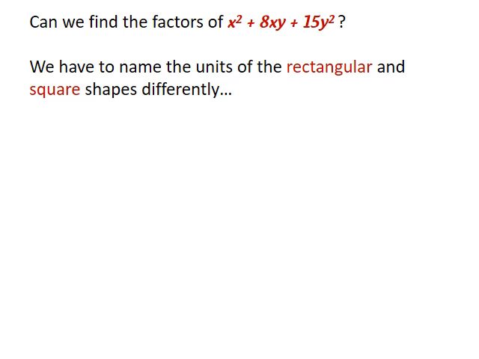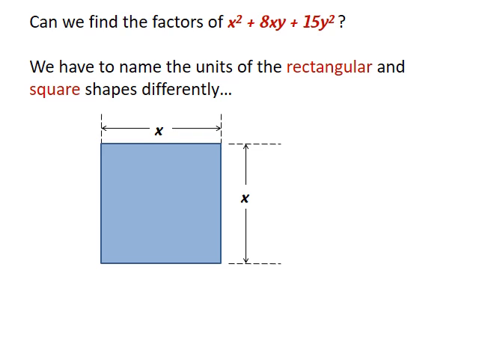Now there is some change in the way that we name the units of the rectangular and square shapes. The square shape, which has sides as x units and x units, remains the same. The rectangular shape would have a side of x units and y units now, because we want rectangles having area xy.